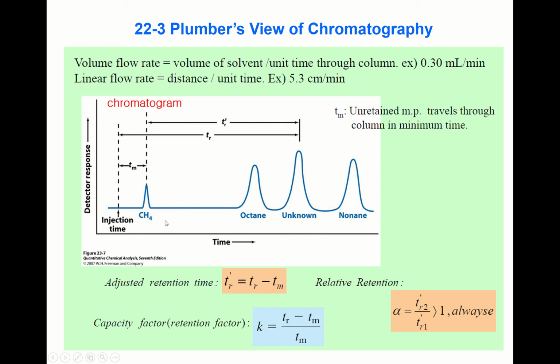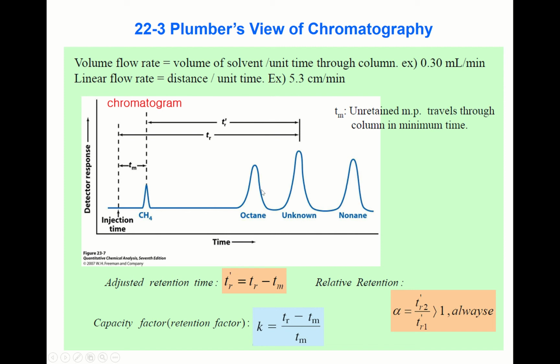Let's simply assume the methane is not retained in the column. Tm is the time for the unretained mobile phase to travel through the column in minimum time.